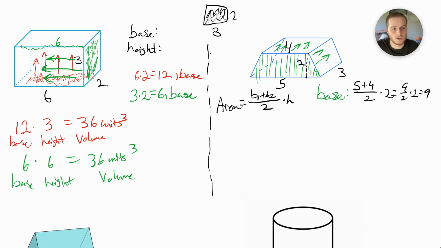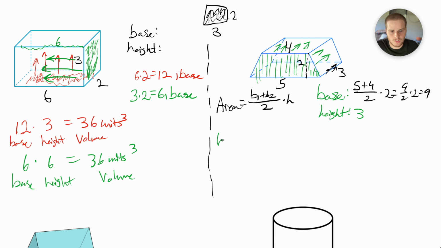Okay, now we know that we have the base of 9, and we want to multiply it throughout this direction of the shape, shown by the arrows. And the side length that follows that direction is 3 right here. You can see that's going the same way as those green arrows. So we're going to say that the height is 3.